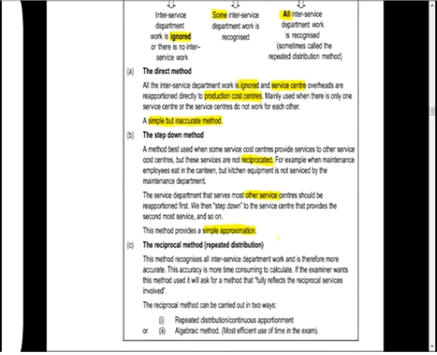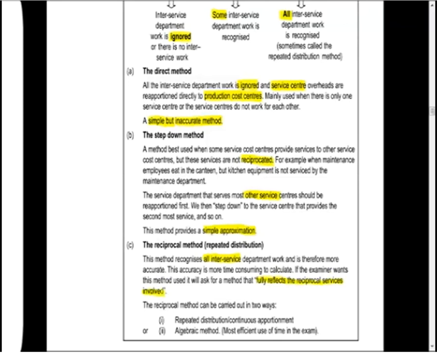The most complicated and the most accurate method is the reciprocal or repeated distribution method. All interdepartmental service work is recognised, but it's more time consuming to use. The examiner stated in an article that he would ask for the method that fully reflects the reciprocal services involved.